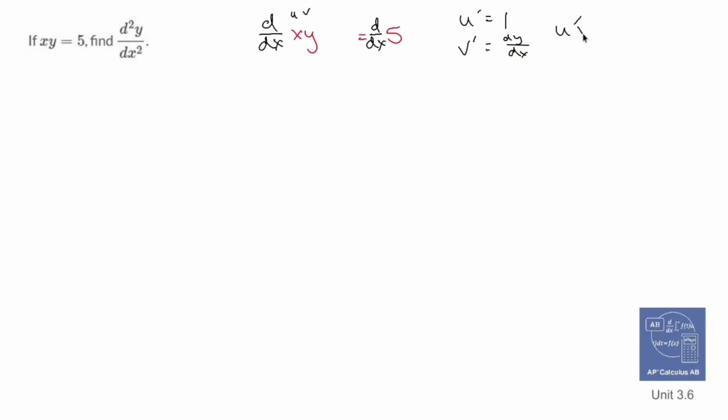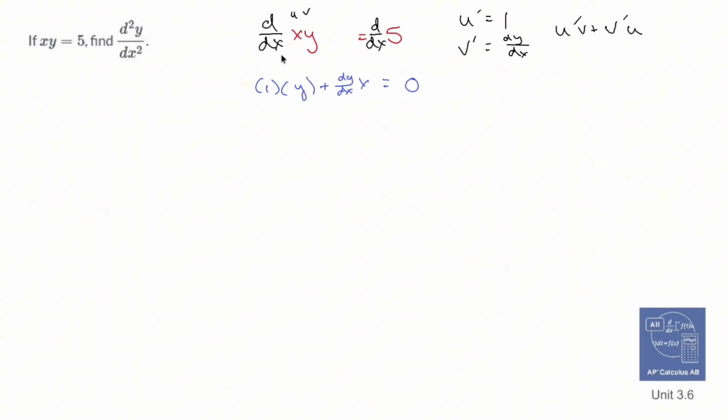The product rule is u prime v plus v prime u. So on the left side, I get u prime v, which is 1 times y, plus v prime, which is dy dx, times u, which is x. That's going to equal the derivative of 5, which is nothing.